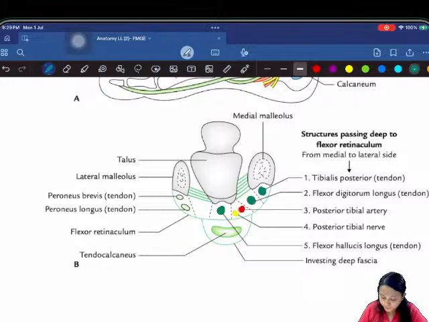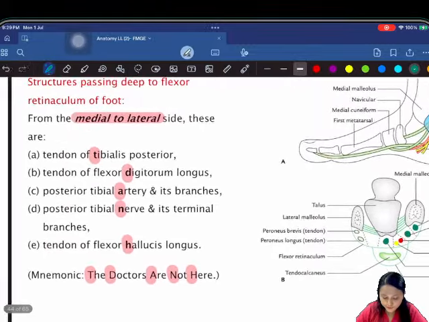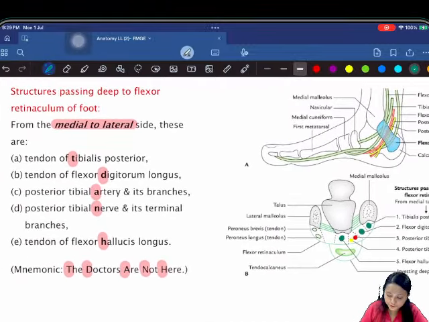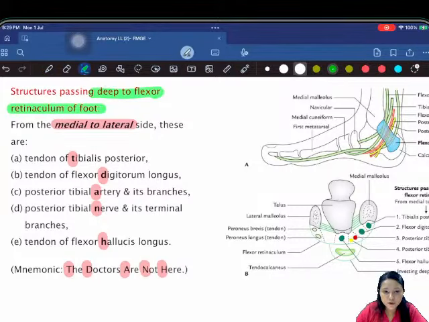So these are the structures passing deep to the flexor retinaculum. You might get a question on this also. So these are the mnemonics. Extensor and flexor both are important.